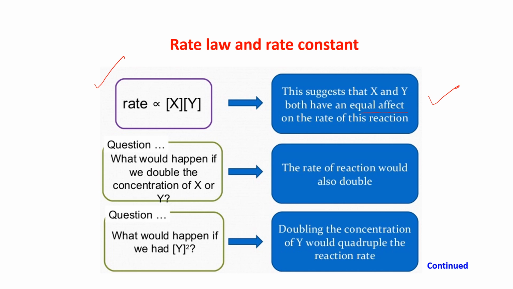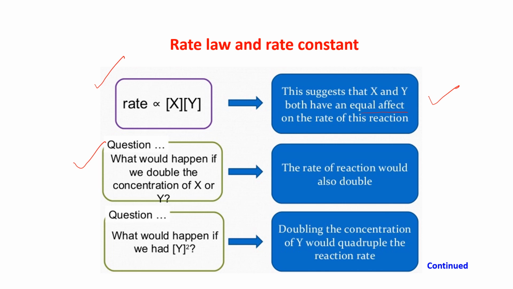Understood? Next, what would happen if you double the concentration of X or Y? If I double the concentration of X, or double the concentration of Y, that will be 2X or 2Y. So the rate of the reaction would also be double, because in that case it will be 2XY.